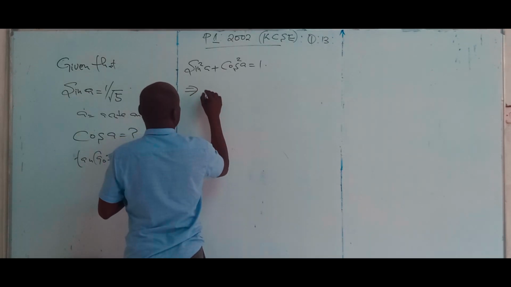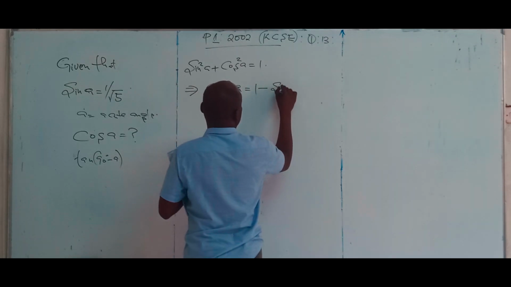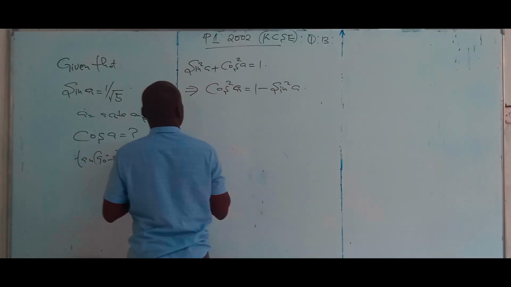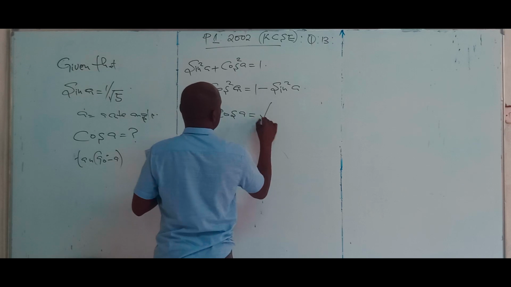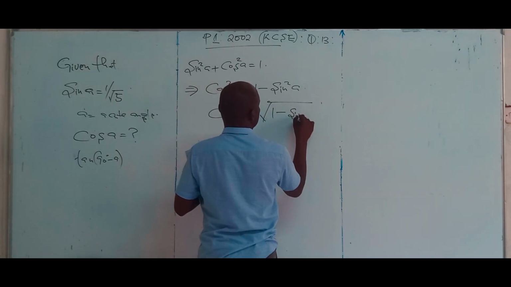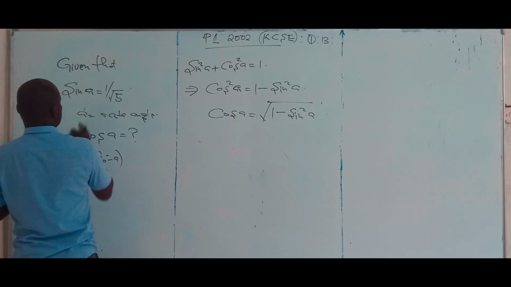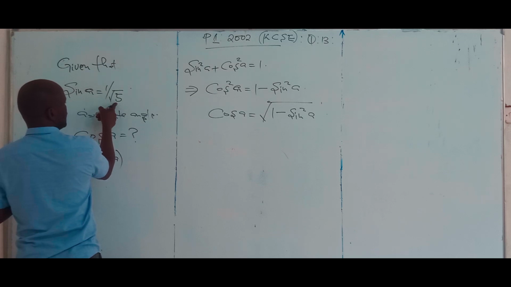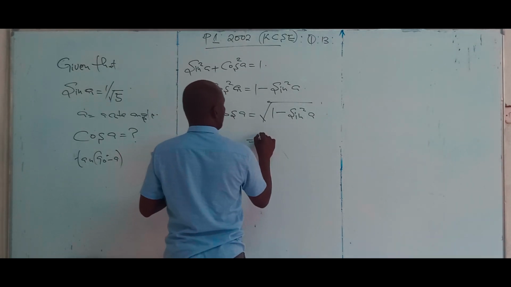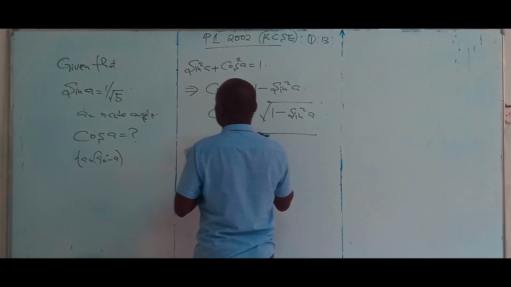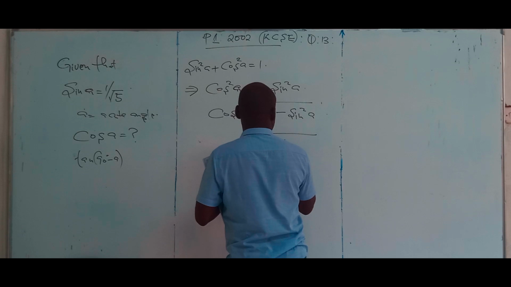That implies cos squared of A is 1 minus sin squared of A, and so cos A is the root of 1 minus sin squared of A. If sin A is 1 over root 5, then cos A will be the root of 1 minus the square of this, which is 1 over 5.